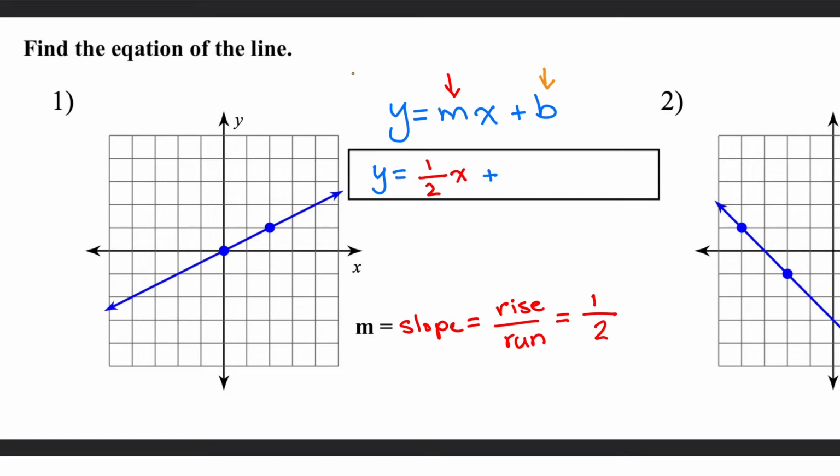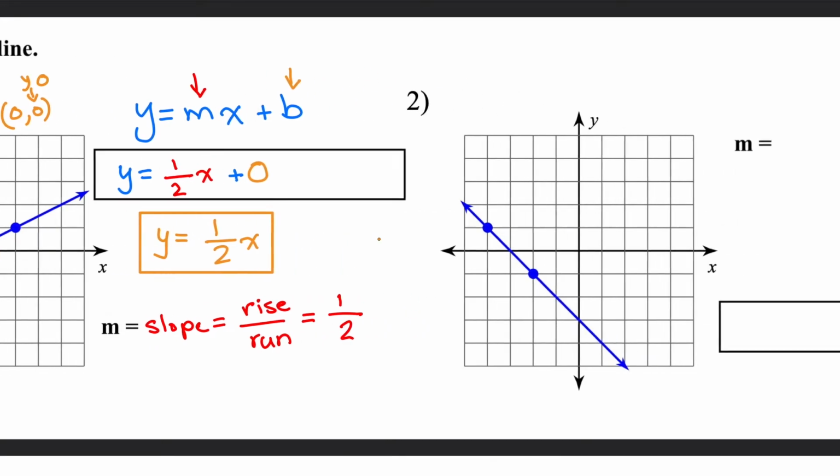It passes through the origin, and the origin is 0, 0, so the y value is 0. So it's plus 0. Or you could write the equation as y is equal to 1 over 2x, and that's our answer.